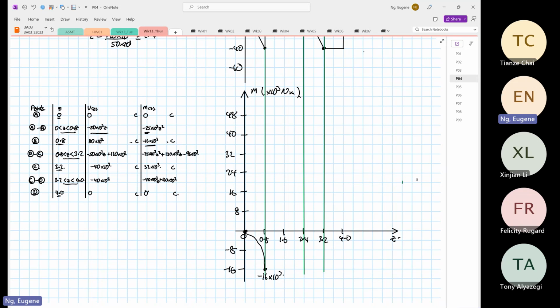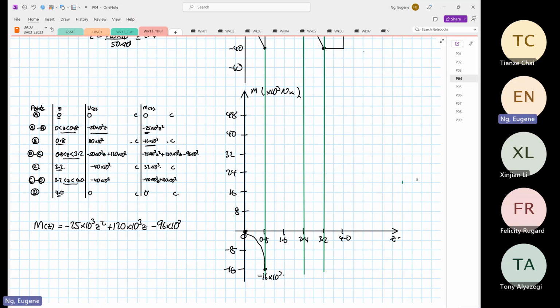If we look at the function M as a function of z, it is equal to minus 25 times 10 to the power 3 z squared plus 120 times 10 to the power 3 z minus 96 times 10 to the power 3.